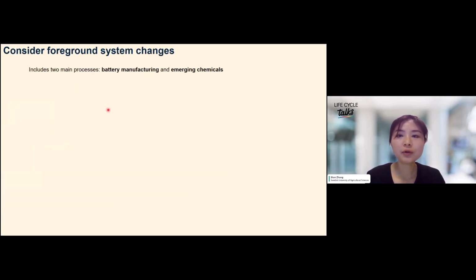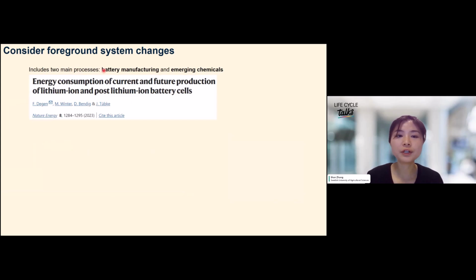As for foreground system change, it includes battery manufacturing processes and the production processes of the novel chemicals. For the first part, a study conducted by Degen and his colleagues estimated the energy consumption of different types of post-lithium-ion battery cells, which can serve as a really good reference.